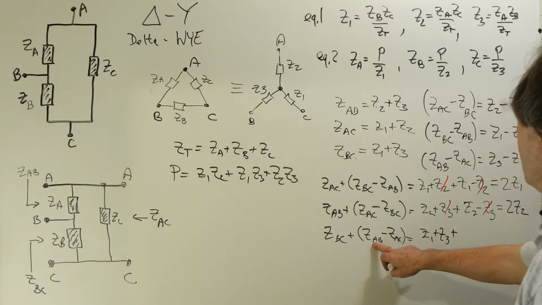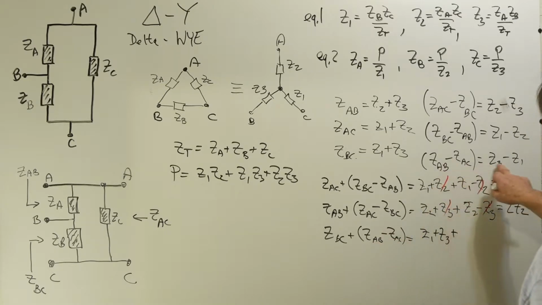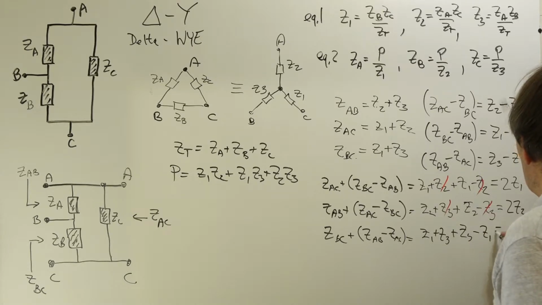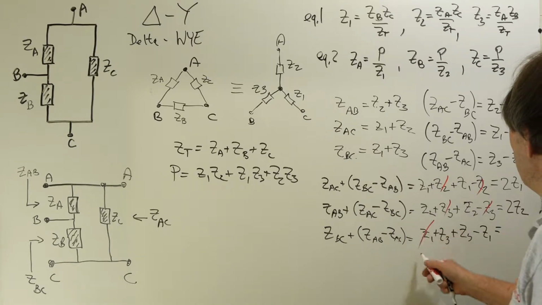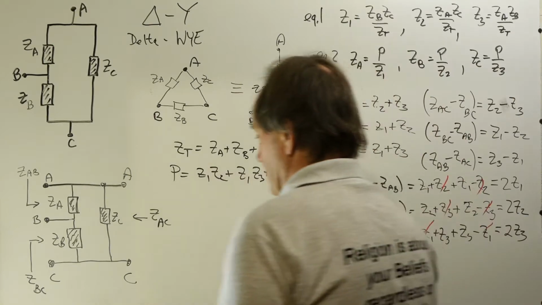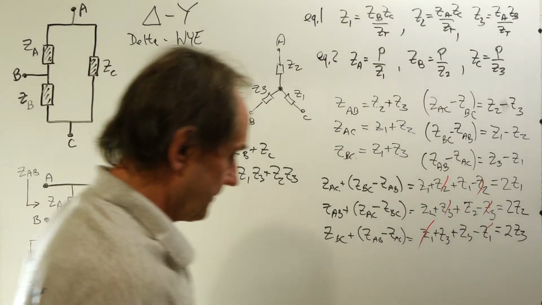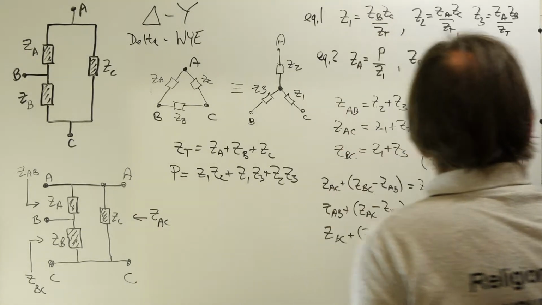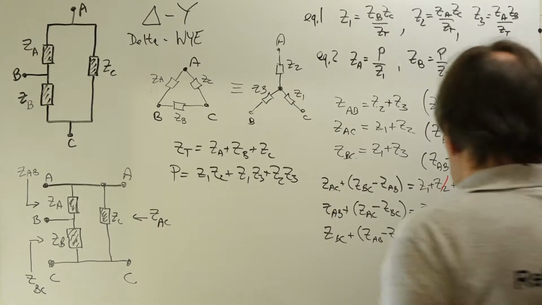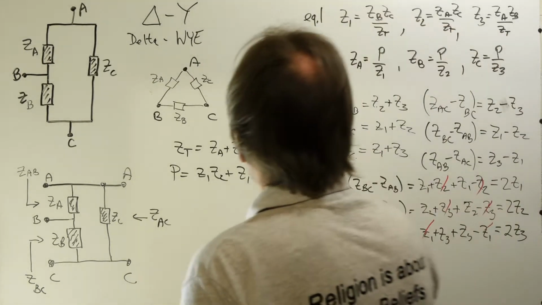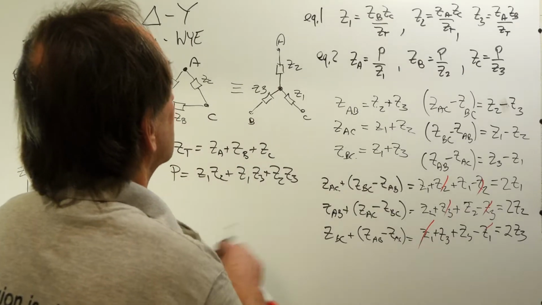And to it, I'm going to add AB minus AC. AB minus AC is Z3 minus Z1. So our Z1's cancel, and we end up with 2Z3. Okay. Now, we solve for Z1, Z2, and Z3. Let's see here.